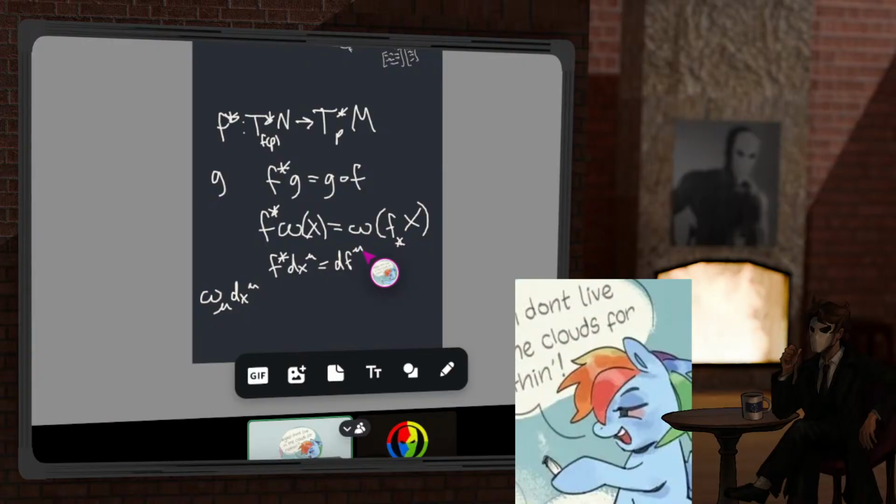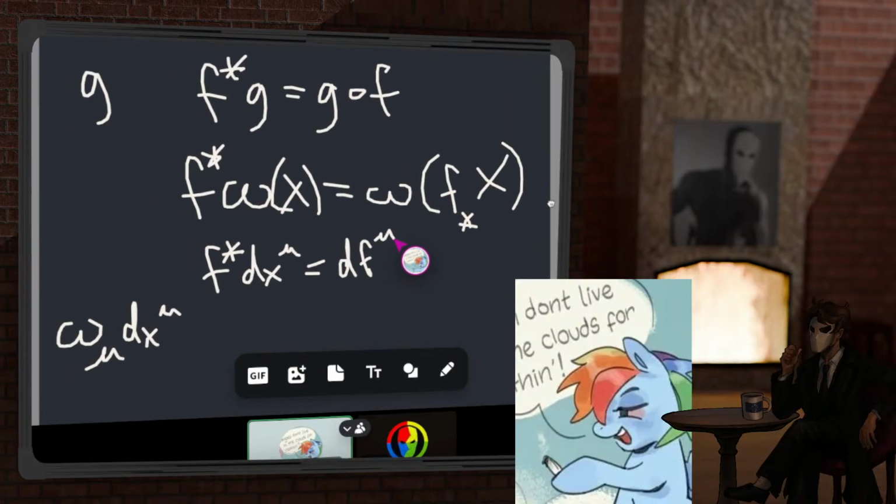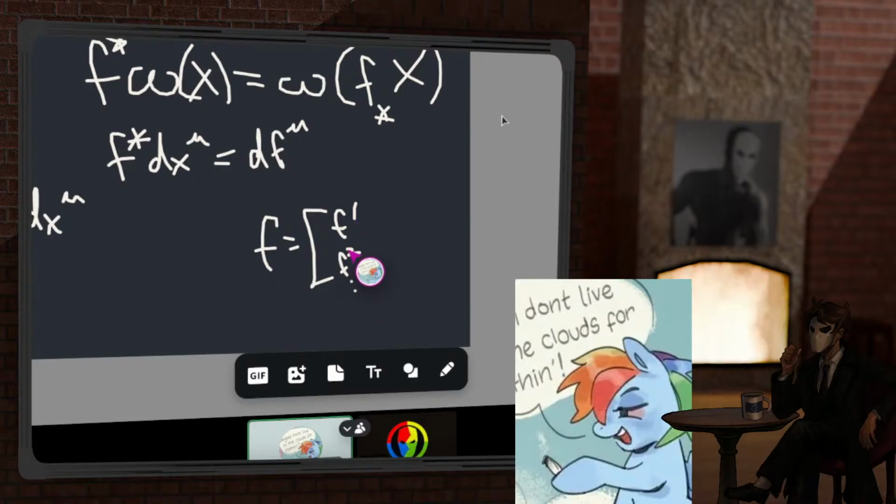If we can represent f with a vector of functions, almost like the parameterizations you see in vector calculus, like f equals f1, f2, and so on, where f1 is a function of x1, x2, and so on, then you basically just take the total differential of this.